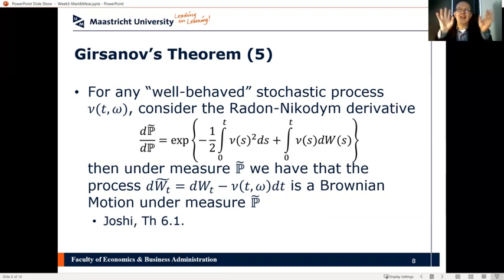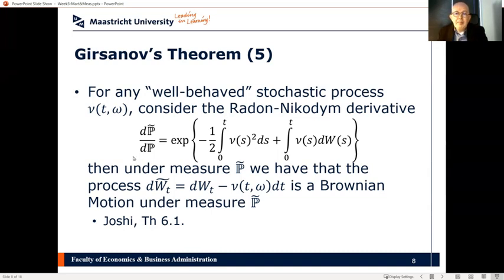So as a reasonable approximation, we can say for any stochastic process nu, we can then construct a Radon-Nikodym derivative by saying I take the stochastic integral of the process nu with respect to the Brownian motion, and I compensate with minus 1/2 nu squared.